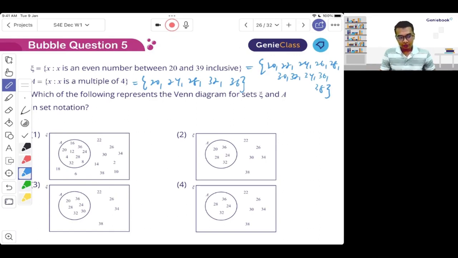Just choose the correct set where it represents this universal set and set A correctly. 1 minute left. So far, everyone is getting this correct. Great job. Okay, 45 seconds left.